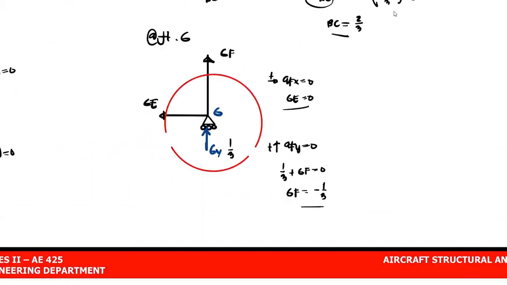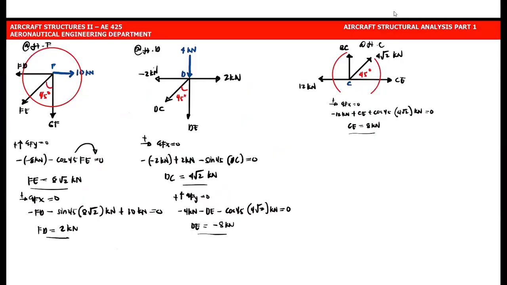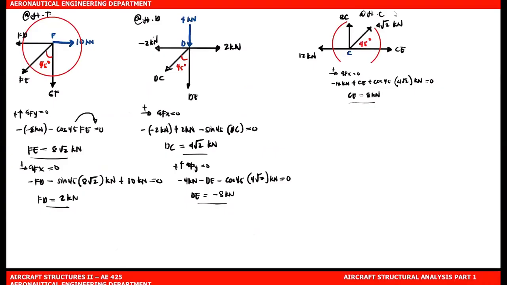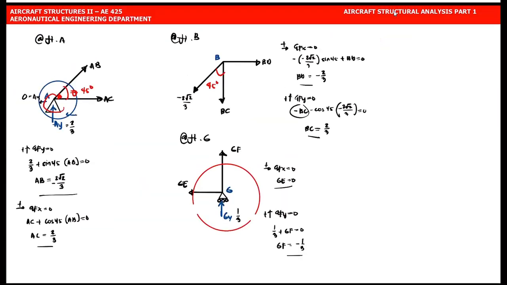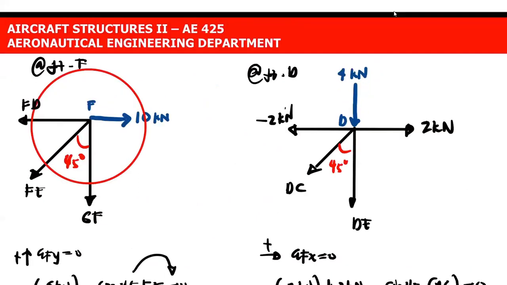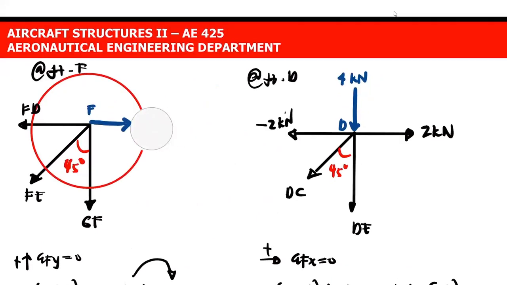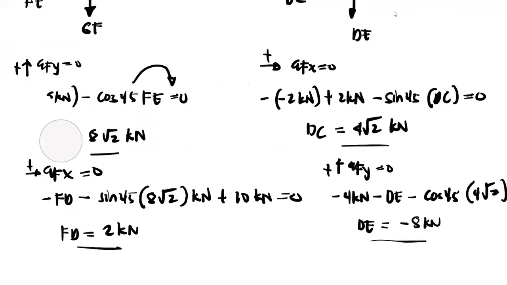Okay? So next naman na mga joints. So ito yung next na joints natin, no? Kanina. So copy page ko lang to and then paste ko. Okay? So burahin natin yung 10 kilonewton. And then yung mga solving dito.